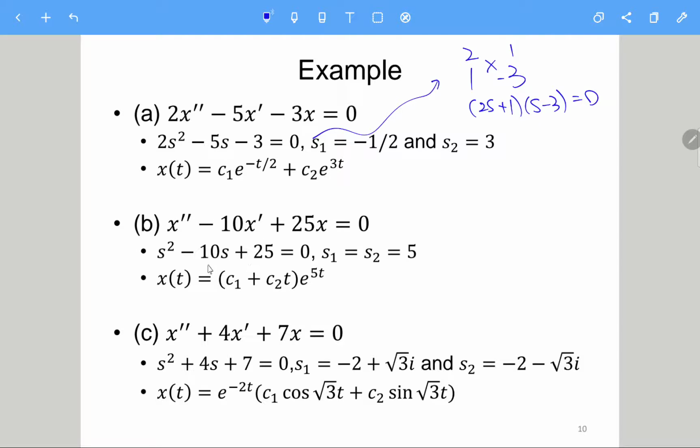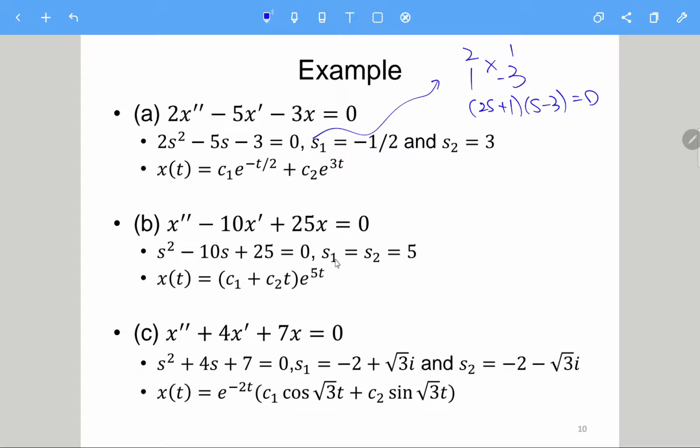And then for the second case, if we have an equation like x double prime minus 10x prime plus 25x to be 0, then the auxiliary equation will be s squared minus 10s plus 25 equals 0. And of course this is a complete square, which is s minus 5 quantity squared.